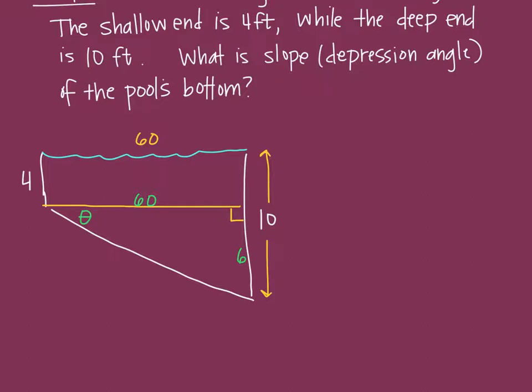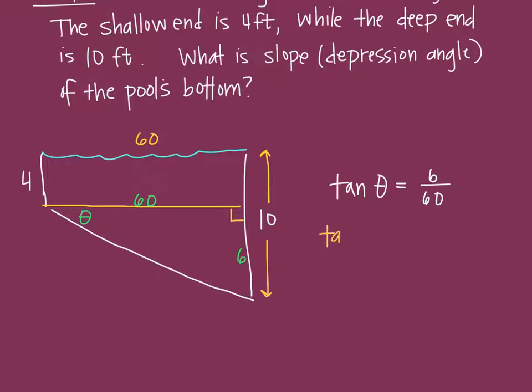Looking at the right triangle only, I just have to pick the SOHCAHTOA that's going to work best. What do you think for this one? Tan again. Tan of theta would be opposite is 6, and 60 is the adjacent. So again, we're not cross multiplying here. We're just trying to get theta by itself.